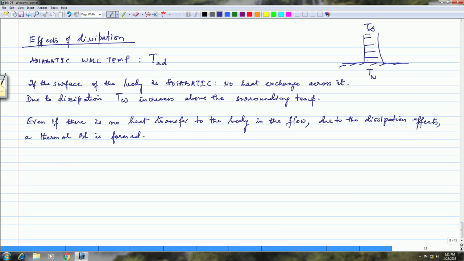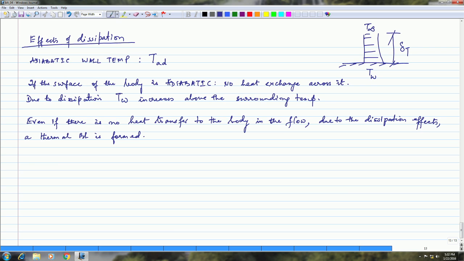So this height at which this is happening is the thermal boundary layer. We talked about that. So that's what we mean by the effect of dissipation. This is essentially viscous dissipation that we're talking about.